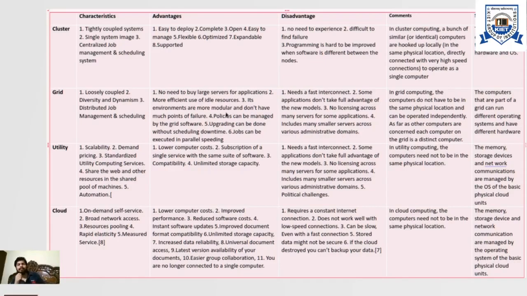As far as grid computing is concerned, you can take the example of the Avengers. Why the Avengers? Because every Avenger is unique in their own way. They don't need to be in close proximity. Every Avenger has their own background story and their own ending story, but they all come together to fight a common enemy, Thanos. To be very frank, I don't think they were controlled by a single man.